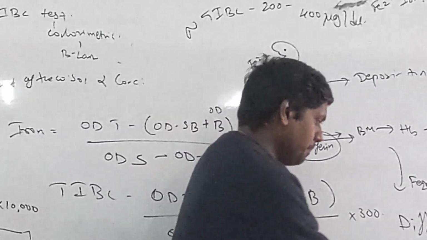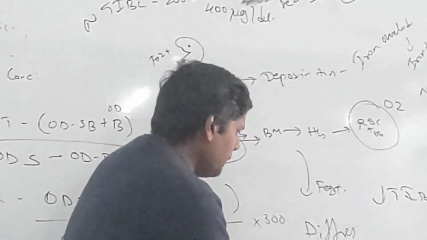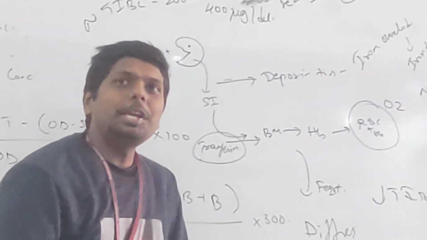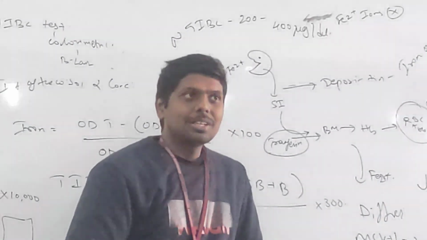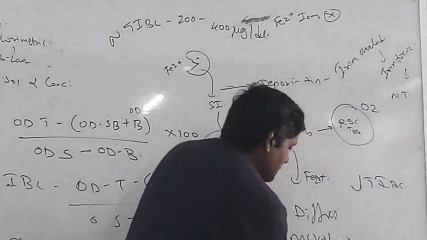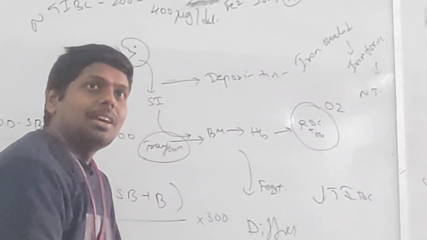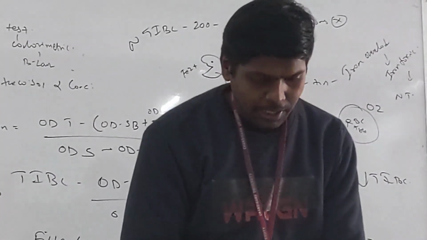It might be low, or it might not change. Then what will be the MCH value in low TIBC? Mean corpuscular hemoglobin. Low. MCHC. Low. Any more differential diagnosis?